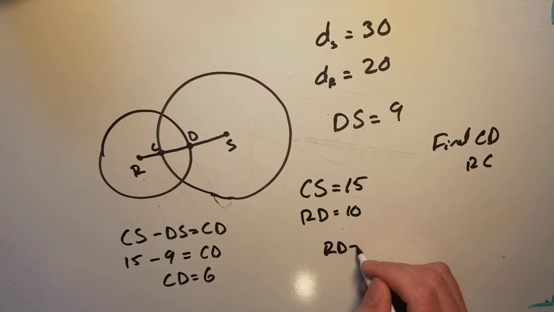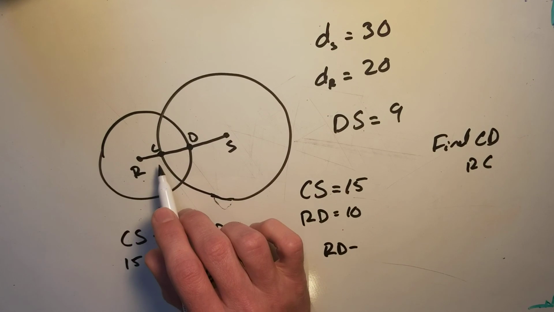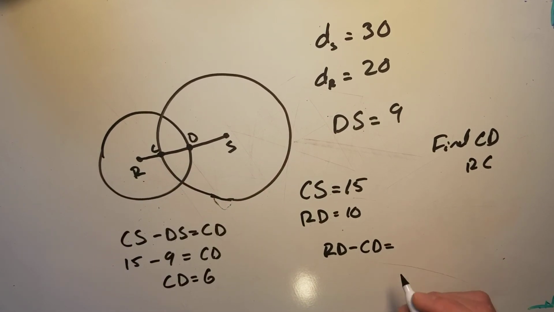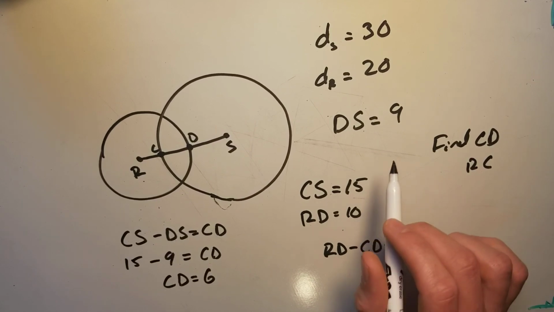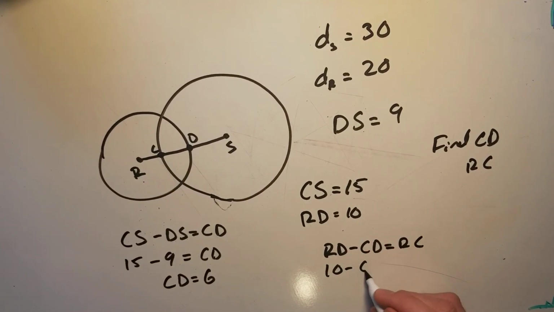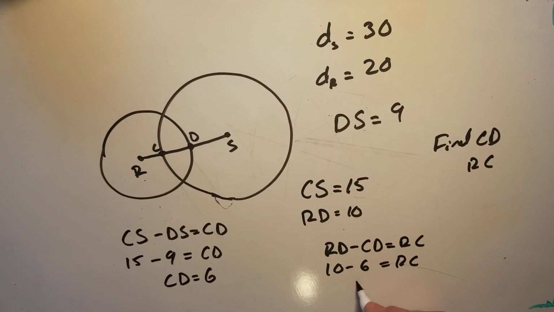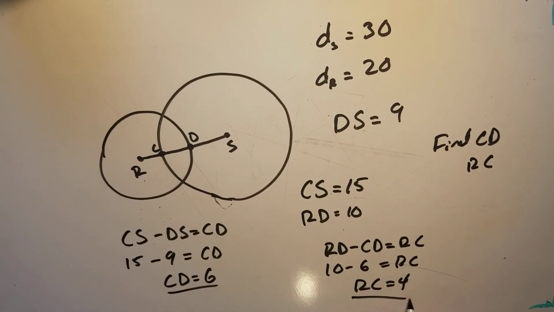So RD minus our CD will give us RC. And then we simply have 10 minus our 6 equals our RC. So RC should equal 4. And then we're all done. So we found the 2 missing lengths.